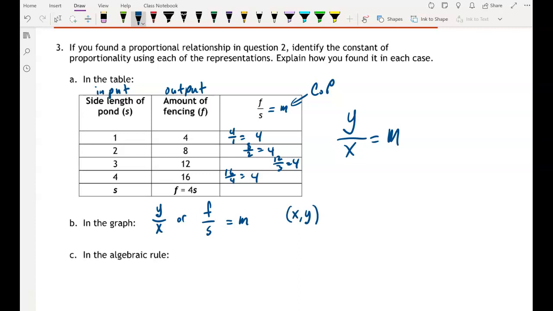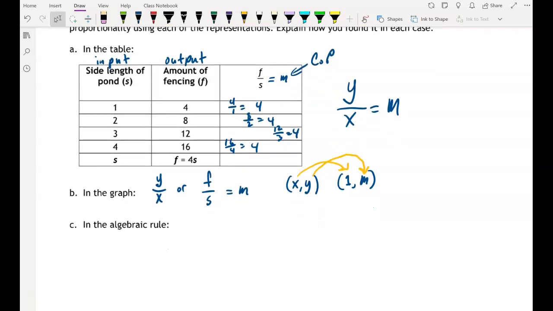And on a graph, if you can find when x is equal to 1, the constant of proportionality is always the y variable that goes with that. So when x equals 1 on your graph, y is the constant of proportionality.